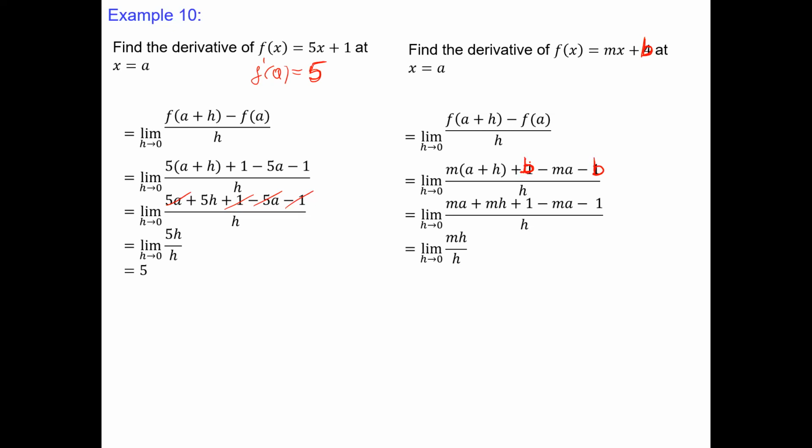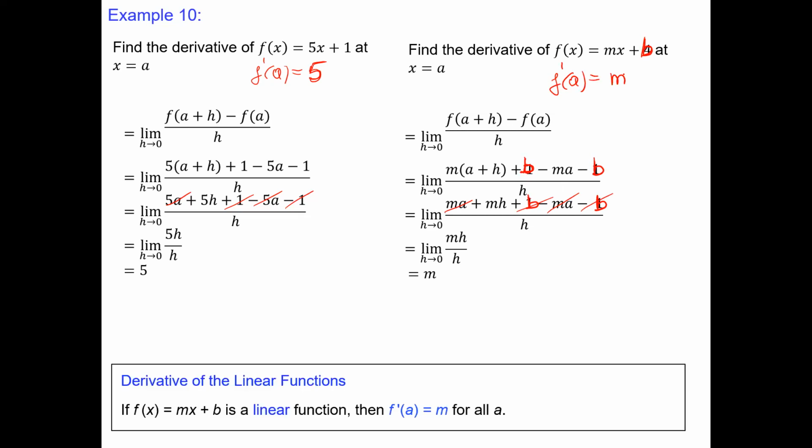Everything gets cancelled out: this is cancelled out, this is cancelled out, m stays. That means the derivative at any point from the domain is always the slope. Please remember, if we have a line, don't think about any formulas or even the limit definition. We have the proof, but this is the result: the derivative of a line is its slope, m.